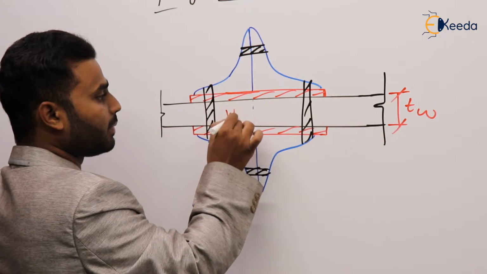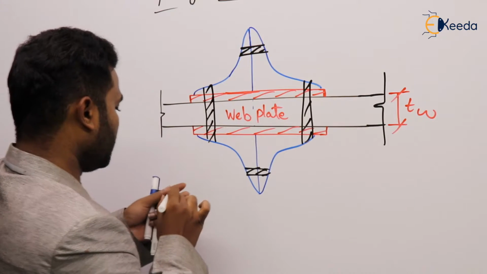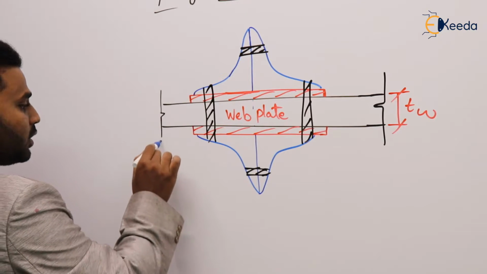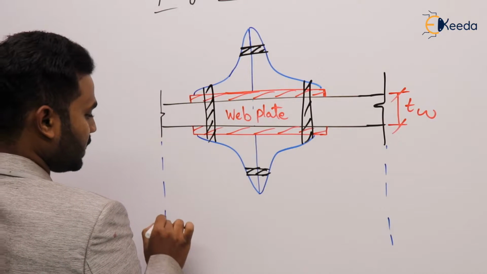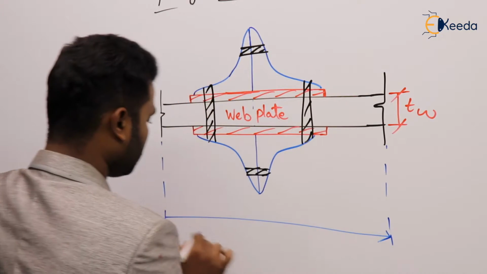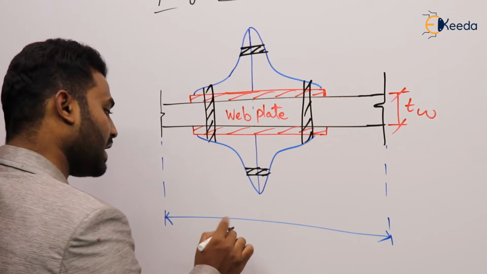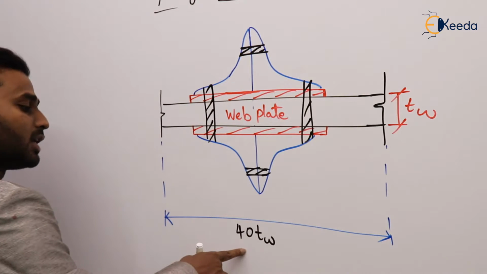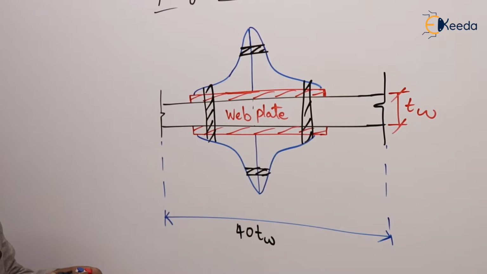So this is the web plate, and the width of the web plate to be considered here, as suggested by the IS code, is 40 TW, 40 times the thickness of the web. Agree.